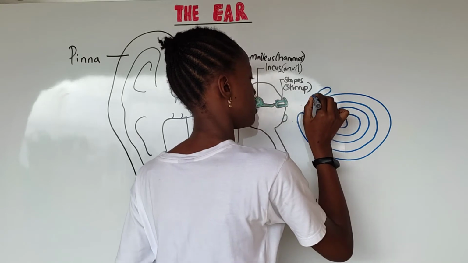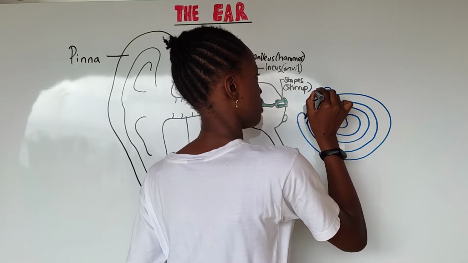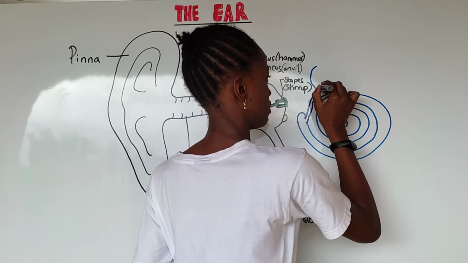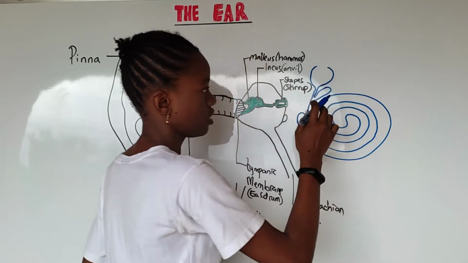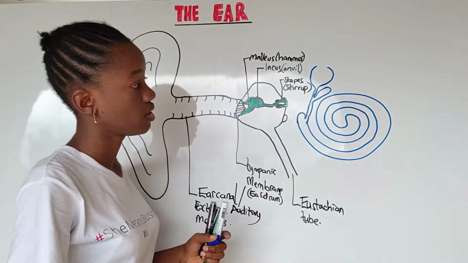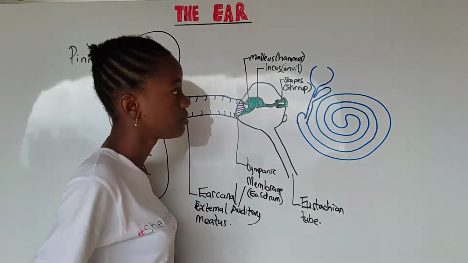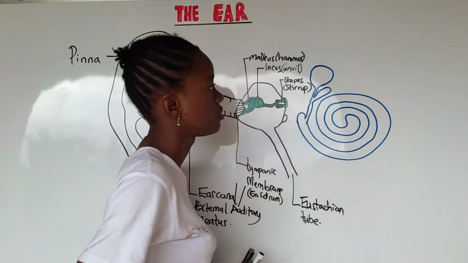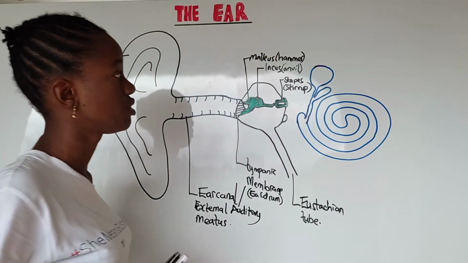So first of all, we have the circle. This that I've just drawn is the circle, and this one is the ventricle.